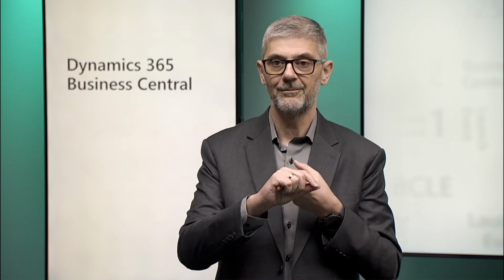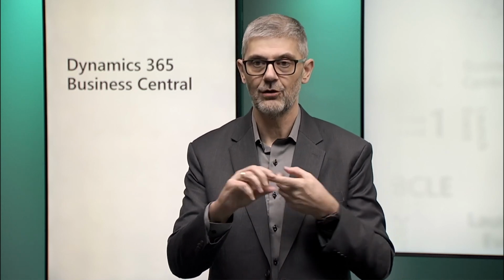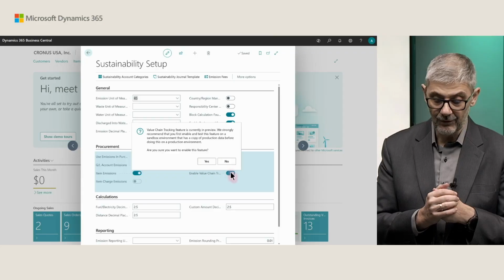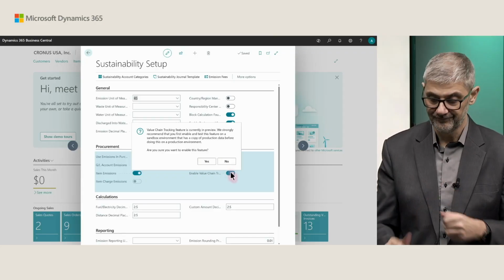The first document, the purchase invoice, is related to both sustainability ledger entry and sustainability value entry. If you didn't enable this field, the system will post only the sustainability ledger entry. If you want it posted in value entry as well, you must enable value chain tracking here.